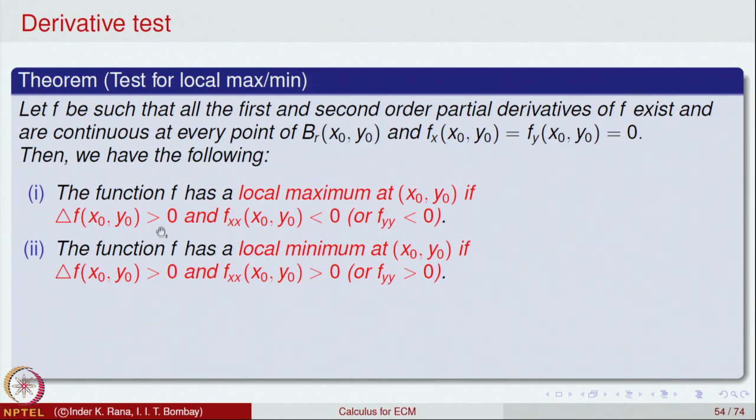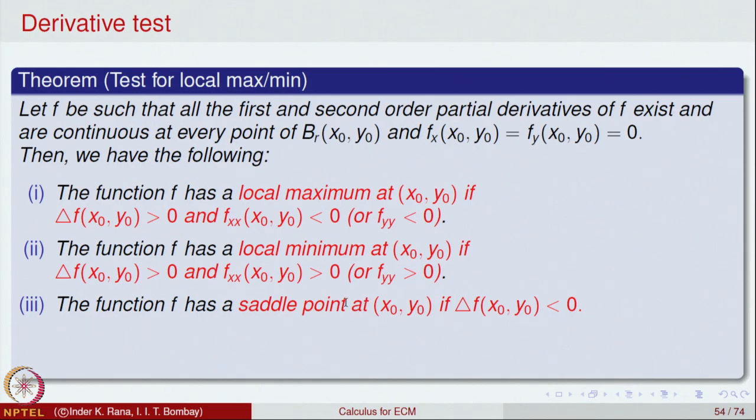If the discriminant is still bigger than 0, but the second order partial derivative f_xx at the point (x0, y0) is bigger than 0, or equivalently the second order partial derivative with respect to y is bigger than 0, then this will ensure that the function has a local minimum at the point (x0, y0). So, this is a sufficient condition for a local maximum, and this is a sufficient condition for a local minimum.